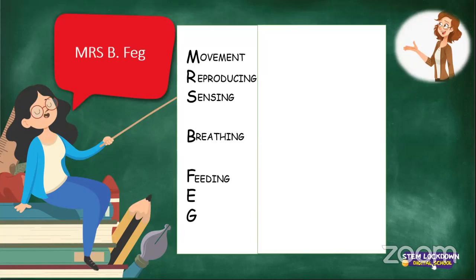Let's see if you guys can give me some answers. Okay, what is the E for? All of you said feeding, well done. Now I want to know what the E is for, smart class. Good, you guys are right, excreting.